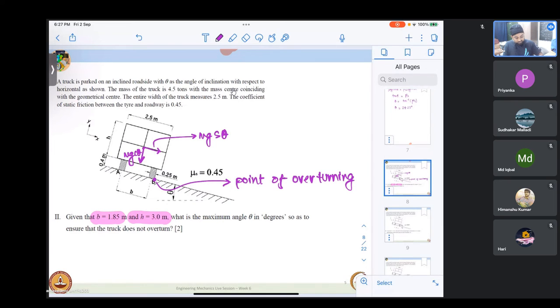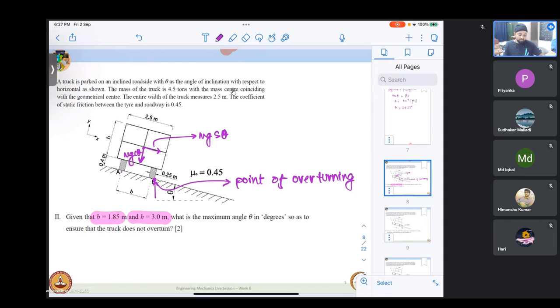So at this point, when it is overturning, we take it that it has lost contact at wheel set A. So the normal force at A will not come into the picture. That is to be clearly understood. The entire weight would be borne by a normal reaction at this point, and since that point is already passing through the point about which we are taking the moment, it will not have a component.